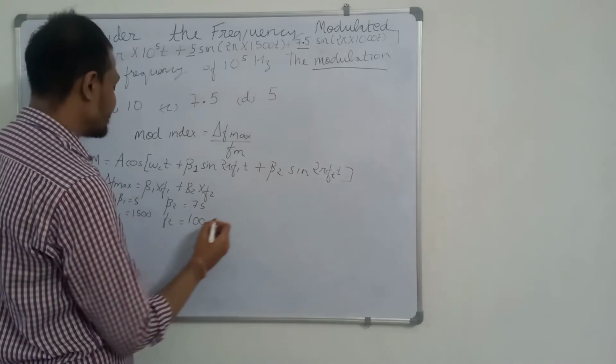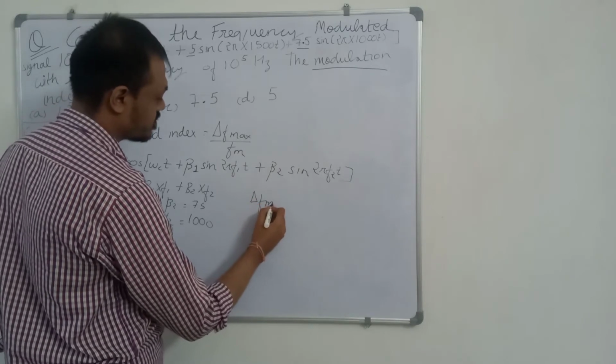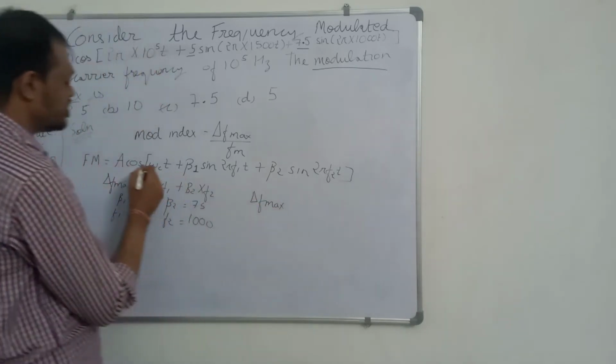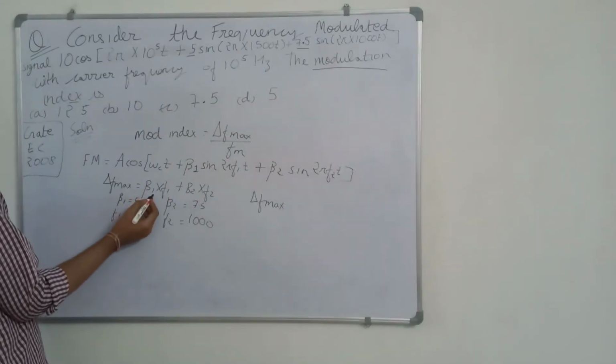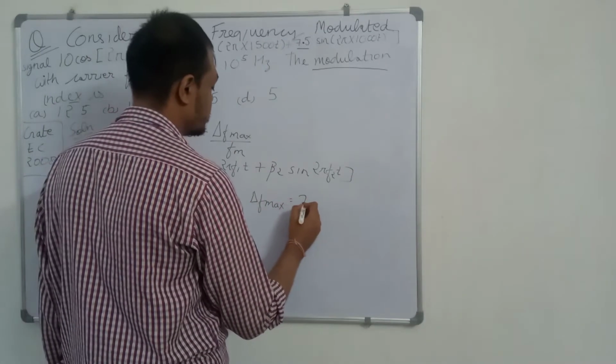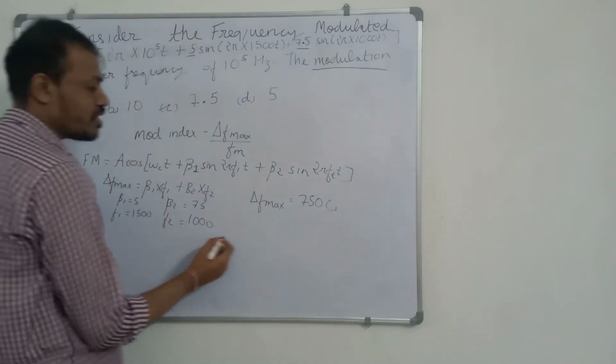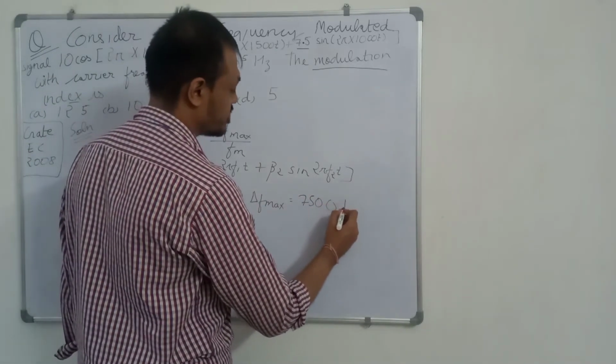So delta F maximum will be equal to, using this formula, beta 1 into f1, so 7500, plus beta 2 into f2, again 7500.